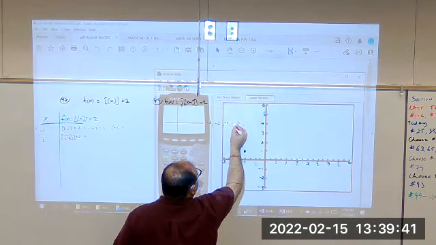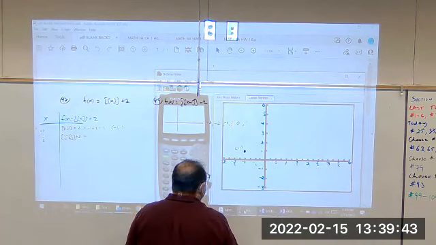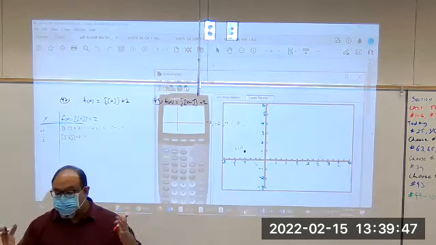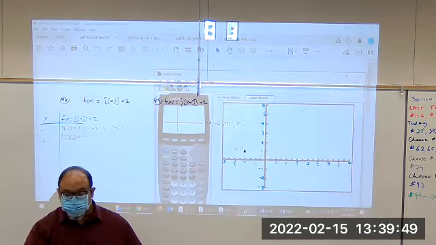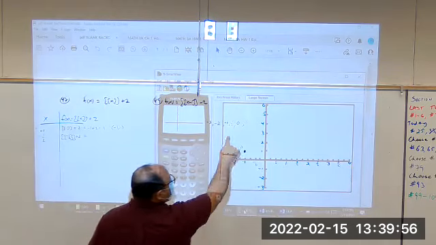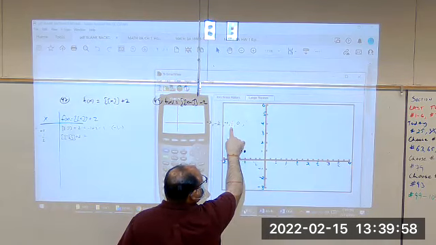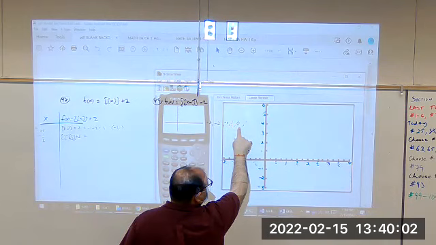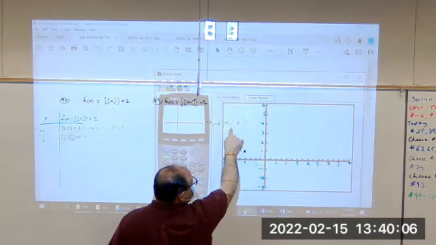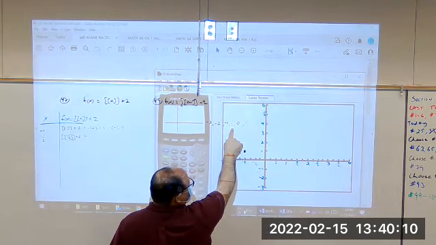Negative 1/2 is right here. We want the greatest, the biggest integer that's less than or equal to negative 1/2. Well, the only integers surrounding my negative 1/2, the only possible integers, are negative 1 or 0. Those are the only integers that are a possible answer. The biggest integer that's less than or equal to negative 1/2. Which one is it?